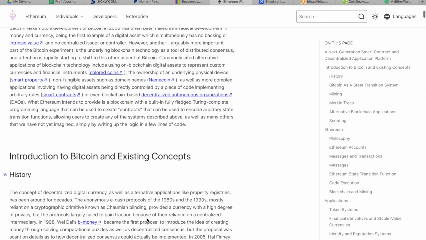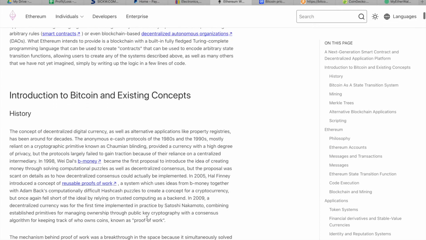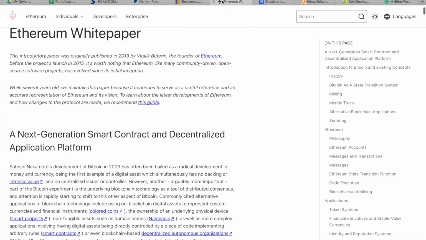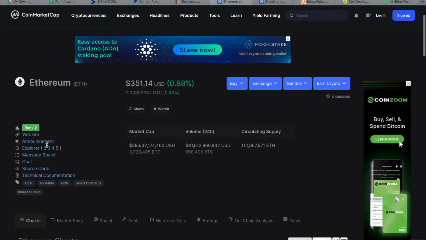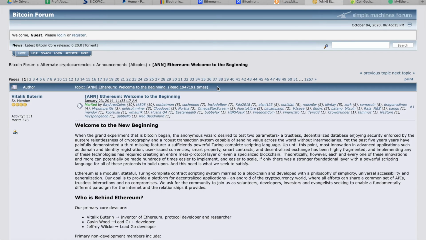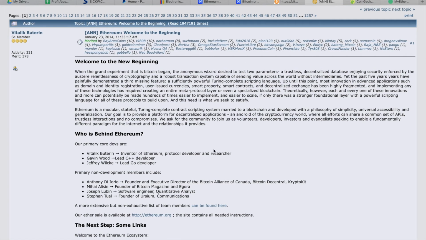So here's a look at it on the Ethereum website. I will just take a look at the announcement page. Bitcoin Talk is also a place to find crypto, so I would definitely register an account if you don't have one. And Ethereum, as you can see here, I'll just read a little bit.